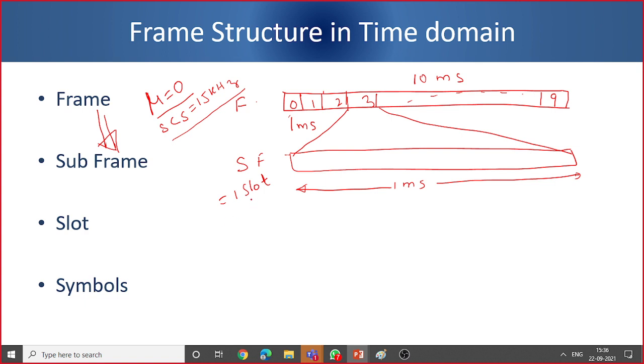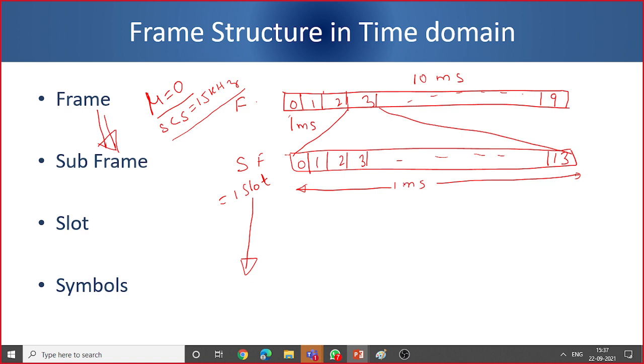Now the question is how many symbols I can have in one slot. In 5G there are 14 symbols. So how many symbols? 14. So 0, 1, 2, 3 and so on up to 13. So total 14 symbols are there in one slot.